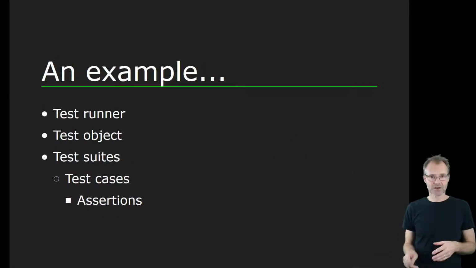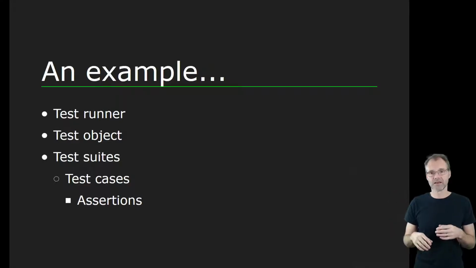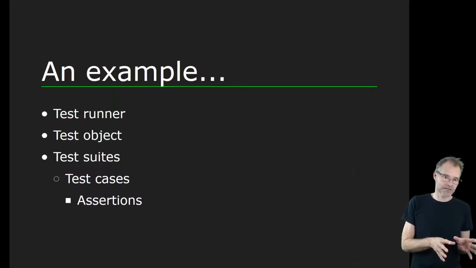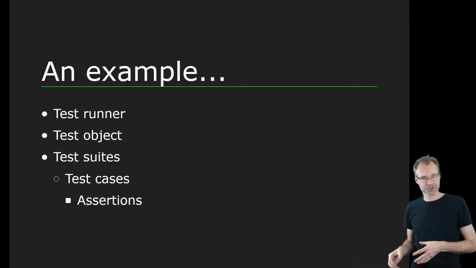Okay, so this is another image saying basically the same thing. We have a test runner that executes all our test suites. Our test suites are focused on the test objects, and each test suite contains a set of test cases, and each test case contains a set of assertions.